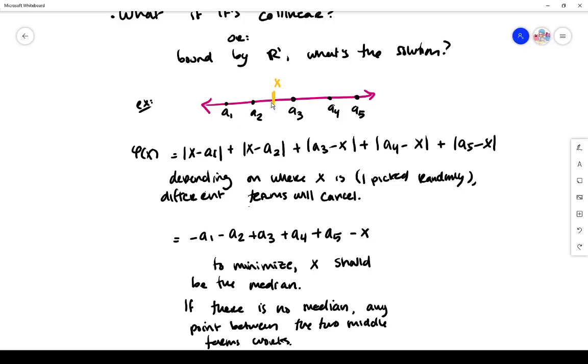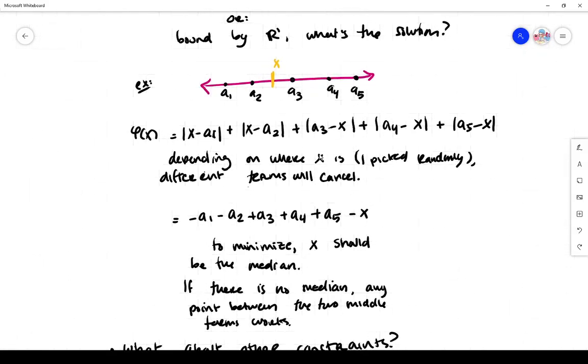You know that because some of these are to the left of it and some are to the right of it, some of these will have x minus ai, and then the other ones will have ai minus x. So because this is between a2 and a3, this means x minus a1 plus x minus a2 plus a3 minus x, etc., will be your setup.